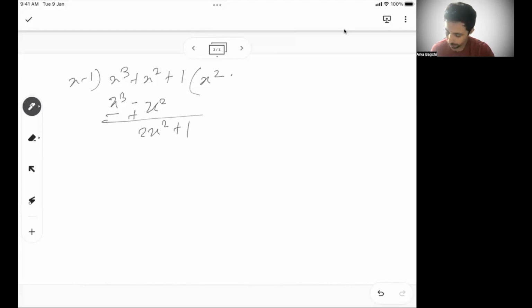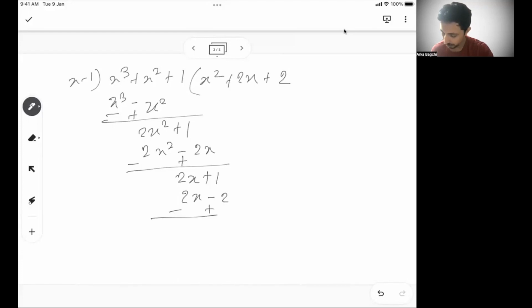Now if I do another 2x multiplication, I'll get 2x square minus 2x. So with a minus sign and there is a plus sign, I'll get 2x plus 1. Then I multiply with 2, so I'll get 2x minus 2. Again minus plus, so I'll get 3. So 3 is my remainder with the normal division.